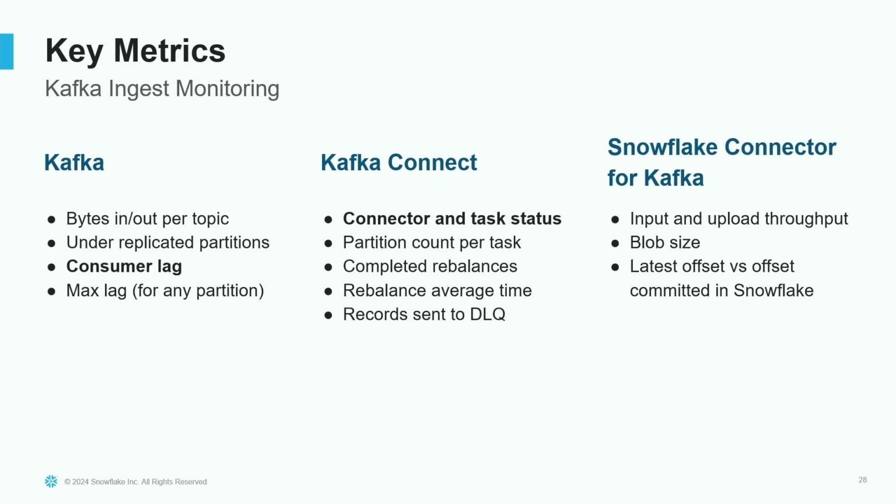You can get things like the throughput, the records per second, chunk size, and you can also compare the offsets coming off the Kafka topics to the offsets that are committed in Snowflake and see if there's a gap there. It's almost like a different type of lag. There are really hundreds and hundreds of different metrics, which is why I say begin with something simple that works and then add more detail in.